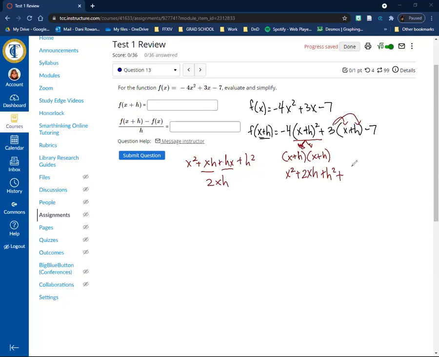Why? Like, say you have your first f of x plus h. Like, when the x comes, I'm kind of confused. Okay. Yeah, let's go ahead and do this part real quick. So if we do this, x times x is what?